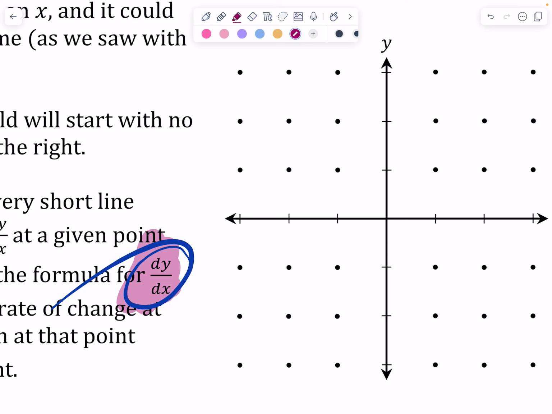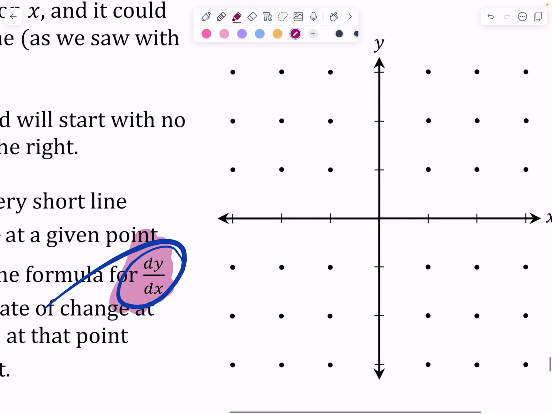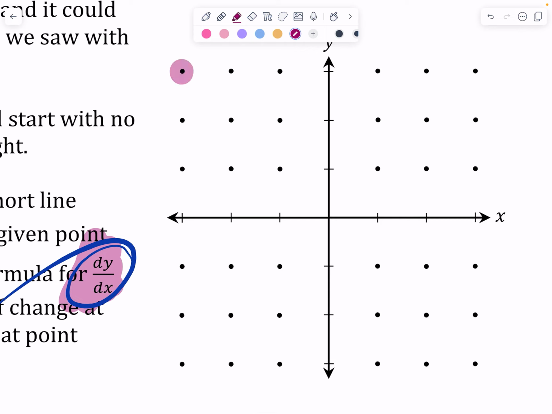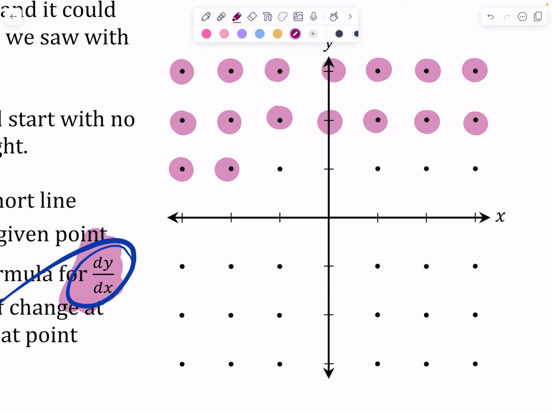But we'll have some sort of equation for it. And what that will tell us is what the slope should be at every single one of these x-y points. Every single one of these points has coordinates, maybe it's at 1, 1, or maybe it's at 3, 2, or maybe you're over here at -3, 0, and so on and so forth.